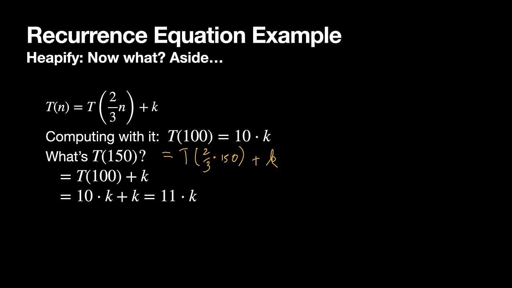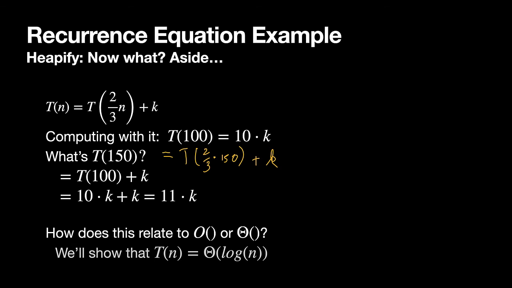So we have some way of using this to figure out the total amount of work being done. We still have to, at some point, tie this back to big O or big theta. Eventually we'll show that these t functions can be used to demonstrate something about big theta, and in this case, that this algorithm is log n.